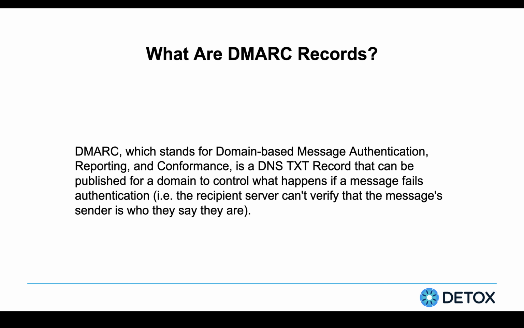That means the recipient server cannot verify that the message sender is who they say they are. So basically, this record is used for preventing phishing mails from coming. So these two records are necessary for the email server for preventing spamming as well as phishing.